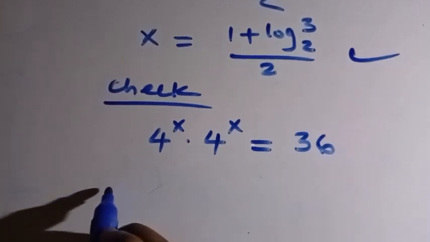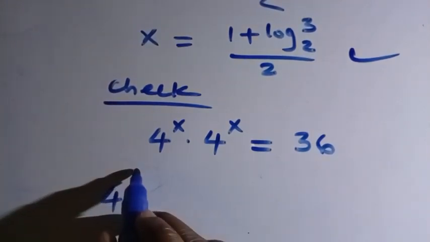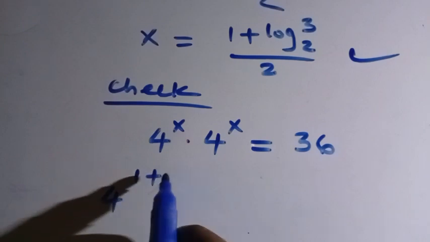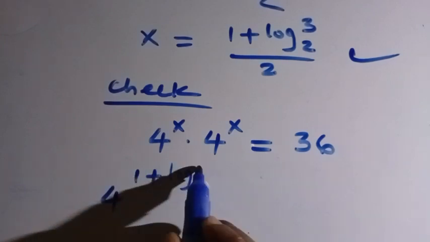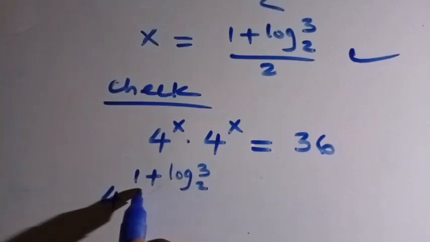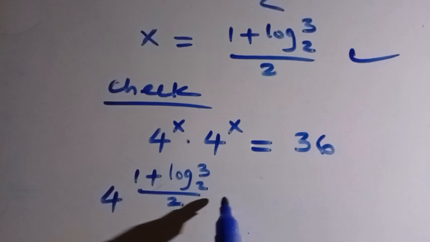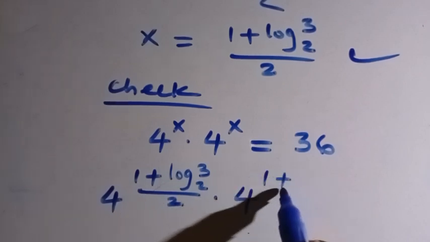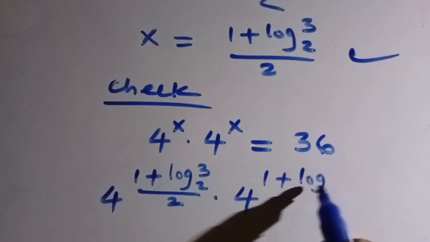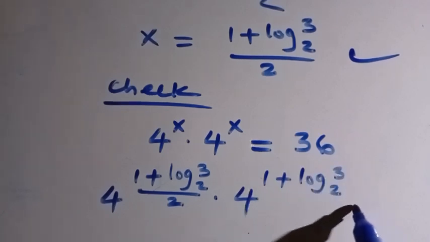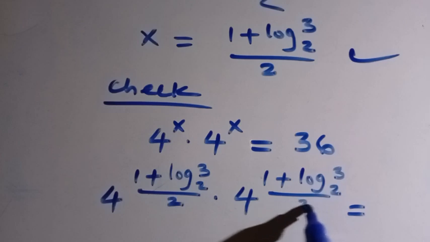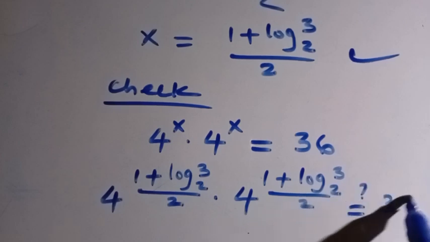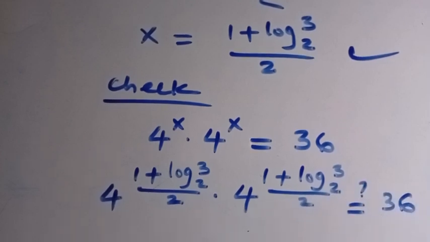We have 4 to the power of 1 plus log 3 base 2 divided by 2, multiplied by 4 to the power of 1 plus log 3 base 2 all divided by 2. We want to check if this equals 36.